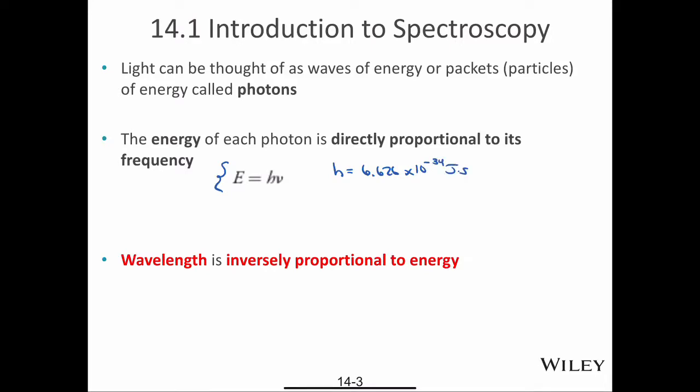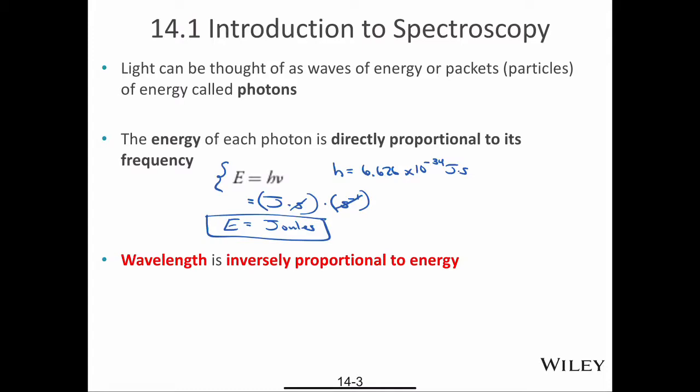So you can see here that if the units for Planck's constant are joules times seconds, and we multiply that by our frequency, which is reciprocal seconds, the seconds cancel, and we get the energy in joules.